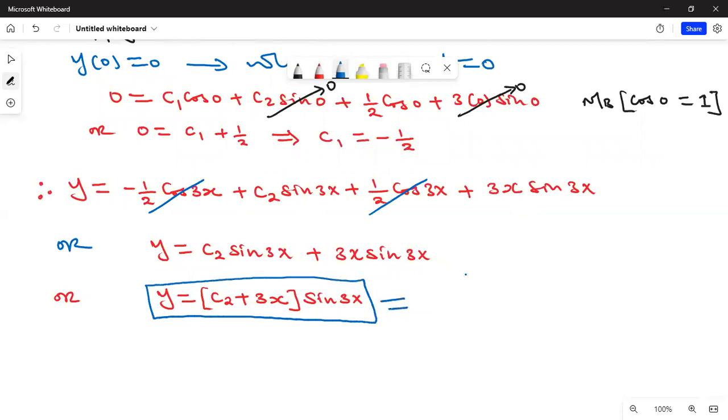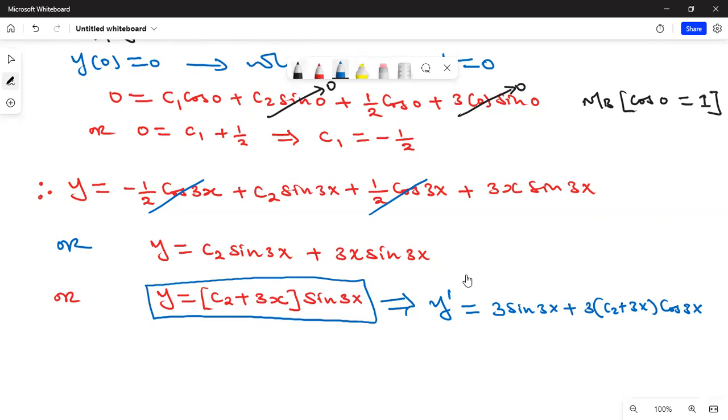So this means that our y prime is equal to, use product rule, differentiate u, that is 3 sine 3x plus 3 into C2 plus 3x cos 3x. That's what we have when you differentiate it. Remember, use product rule. U prime v plus u v prime.